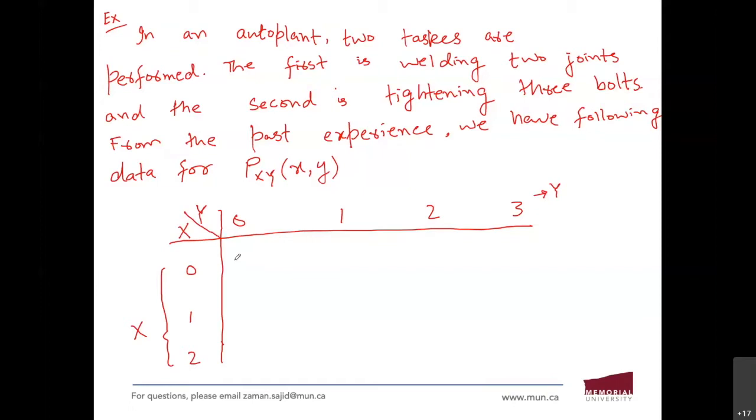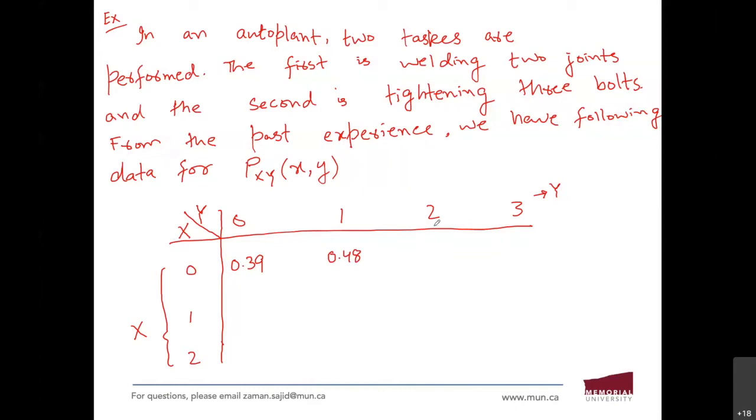Now, if I have y equal to 0 and x equal to 0, the value comes out to be 0.399. This is a part of your question actually. So I'm just explaining how you read this table. If y is equal to 1 and x is equal to 0, your probability value is 0.48. We are not calculating it. This is a part of your question.